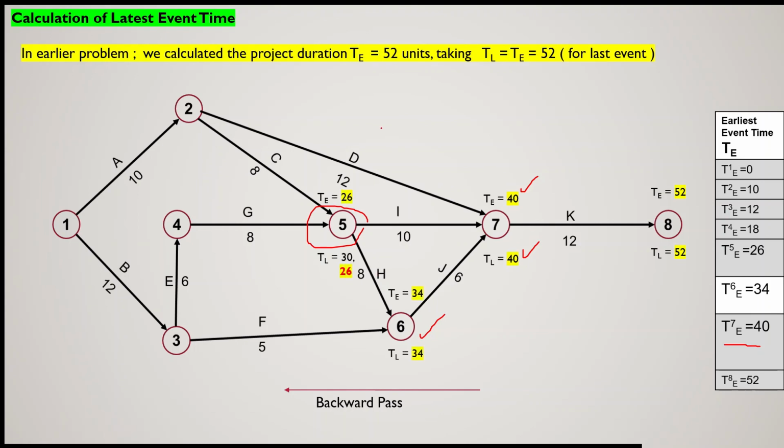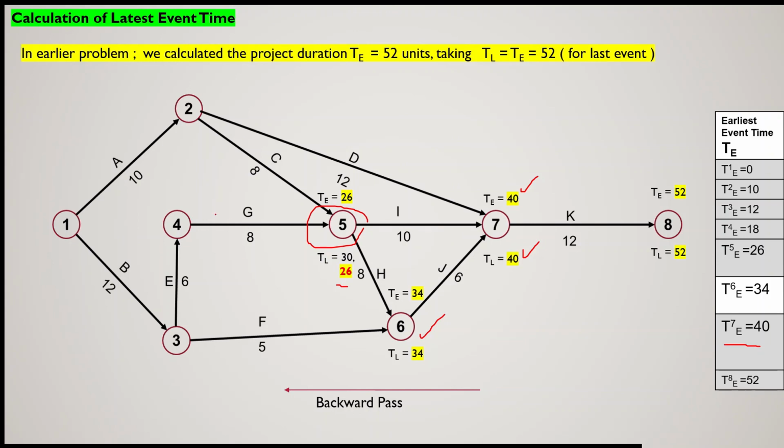So for event number 5, we have two latest times, 30 and 26, and the project should not be disturbed, so we will take the least value. So 26 will be considered as the latest occurrence time of event number 5. Earliest is 26 and latest is also 26. So you don't have any relaxation for event number 5 also.